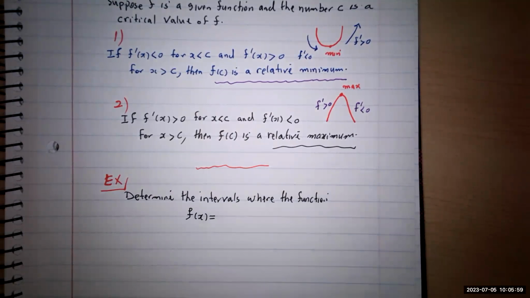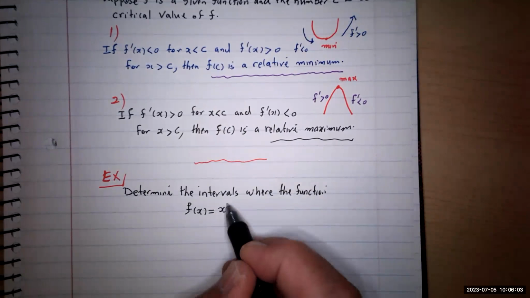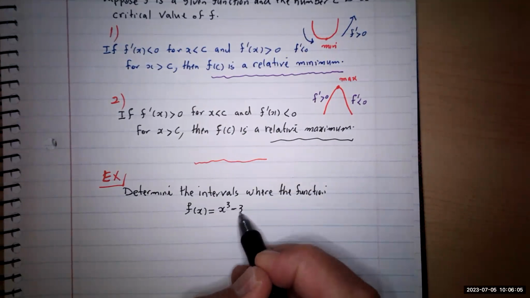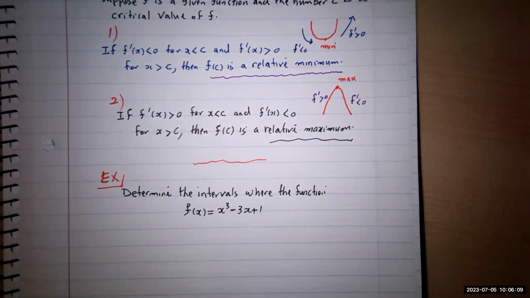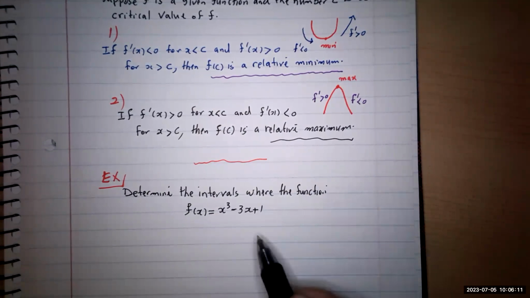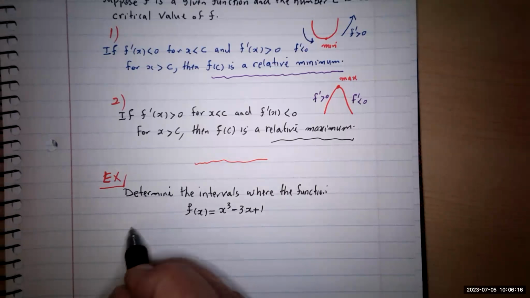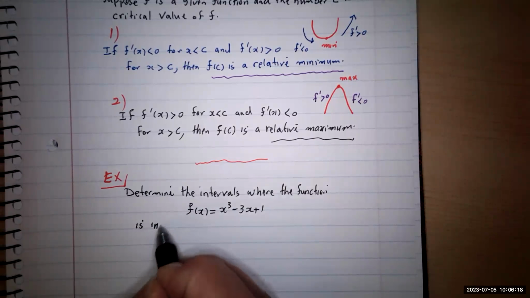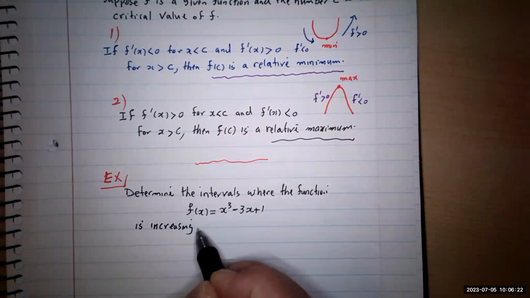It can be a polynomial at this level, or it can be a trigonometric one. x cubed minus 3x plus 1. When we go to the final, it may be natural log or exponential function. Determine intervals where the function is increasing or decreasing.